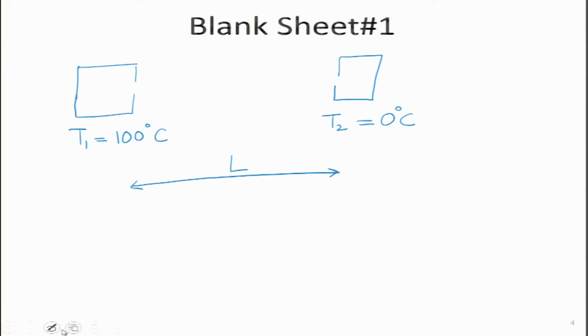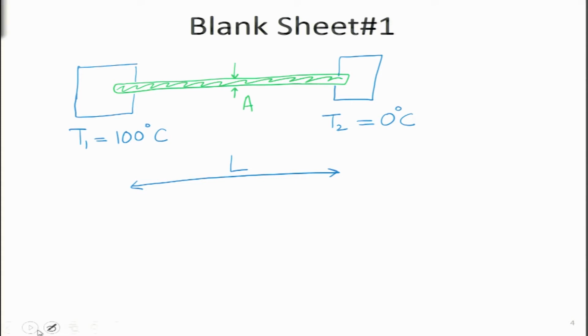Now, let us say we take some sort of a rod or a beam made of, let us say, a metallic object, and we connect these two bodies together. This particular beam is of length L, its cross sectional area is A, and then we ask ourselves what happens in this particular scenario.